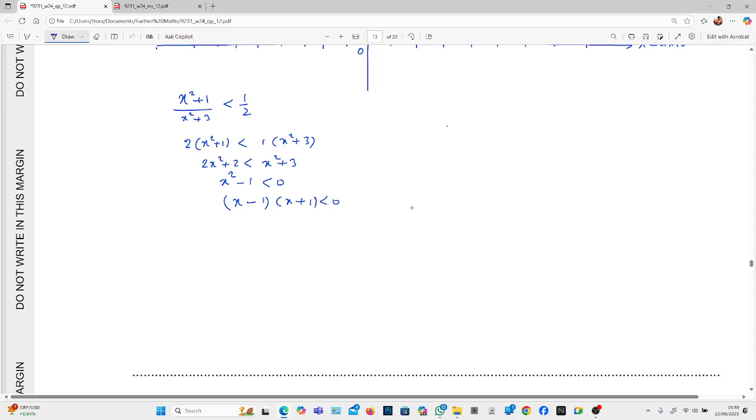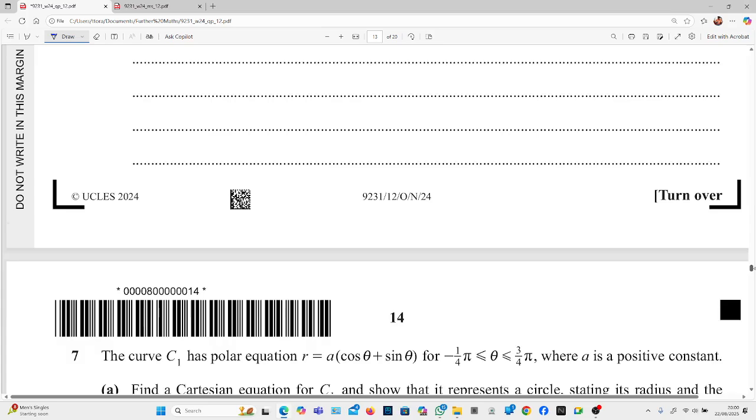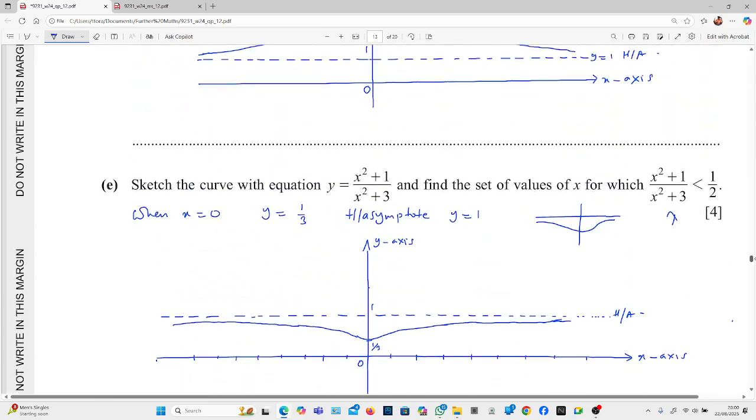So we have then 1 and negative 1, and so we're looking at less than 0, so it's going to be all the region in between. So then I have minus 1 being less than x less than 1. So here we are. This is part E of the question, and we're done for question number 6. Take care.